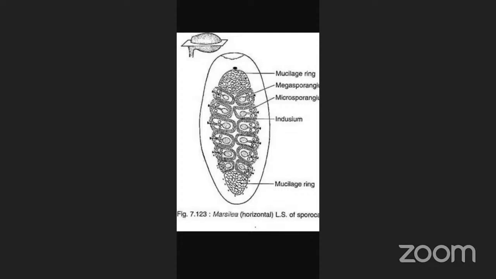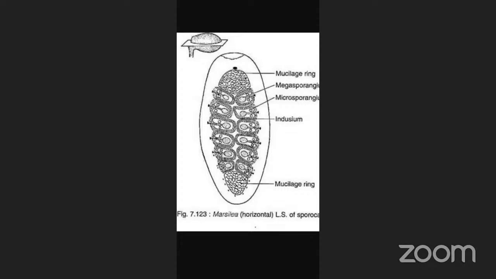Okay, thank you. This is the Marsilia external morphology. They are asking the Marsilia external morphology and anatomy of rhizome. Anatomy of rhizome means the transverse section, TS of rhizome of the Marsilia, that is also important. Another one is the anatomy of petiole, transverse section of the petiole, that one is also important.